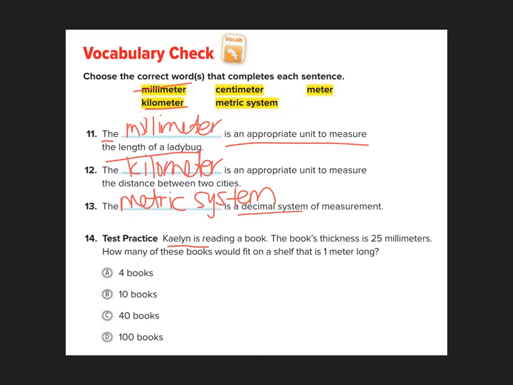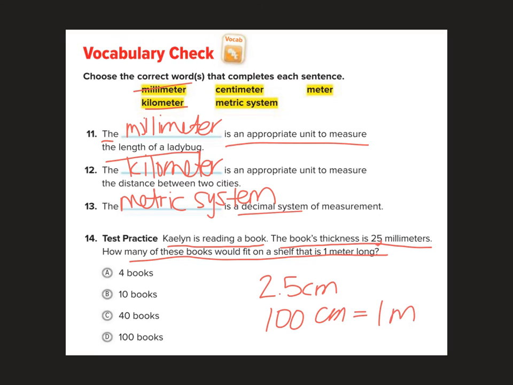Kaylin is reading a book. The book's thickness is 25 millimeters. How many of these books would fit on a shelf that is 1 meter long? So 25 millimeters is 2.5 centimeters, right? Because I'm dividing it by 10. We know that 100 centimeters equals 1 meter.